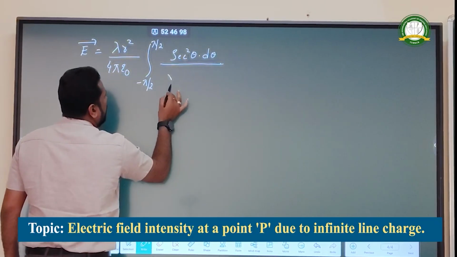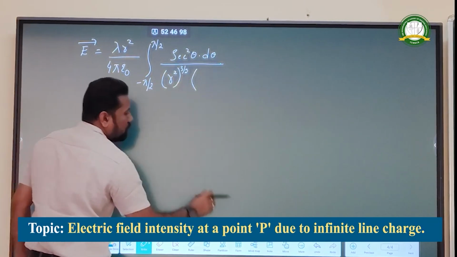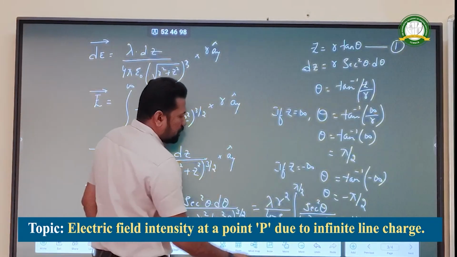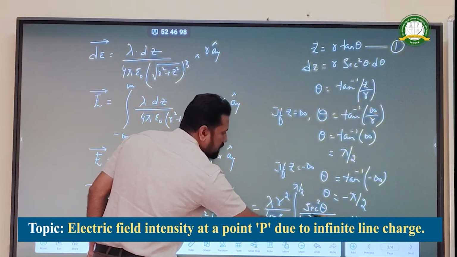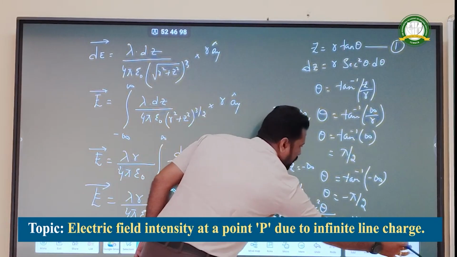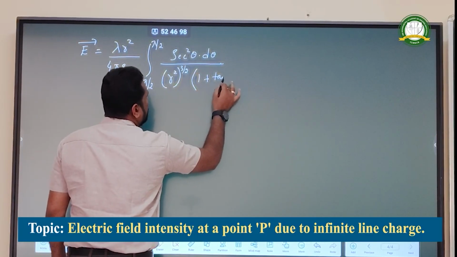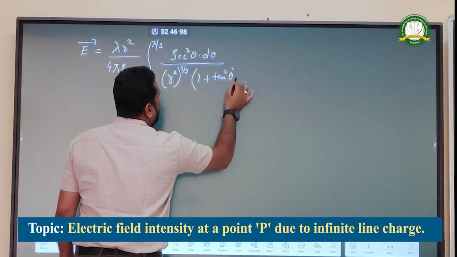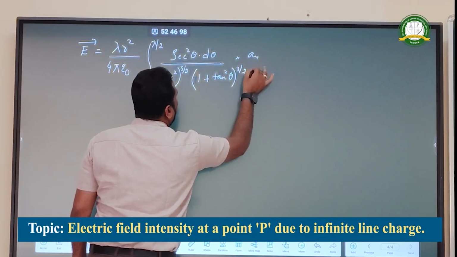If we take r square whole to the power of 3 by 2 common, then it is 1 plus tan square theta whole to the power of 3 by 2 into ay cap.